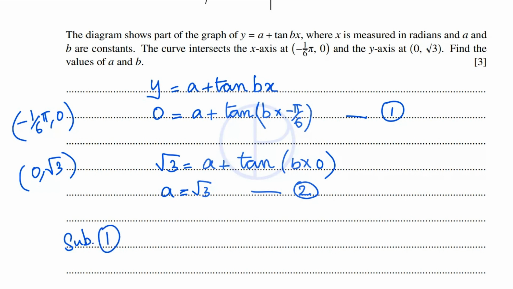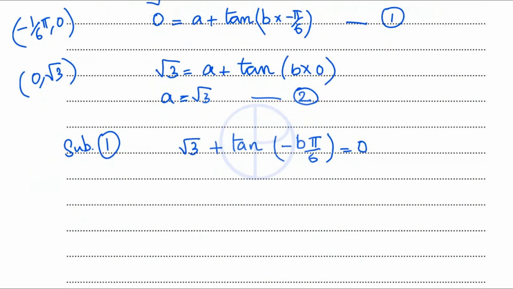We get square root of 3 plus tan of minus b pi over 6 equal to 0.